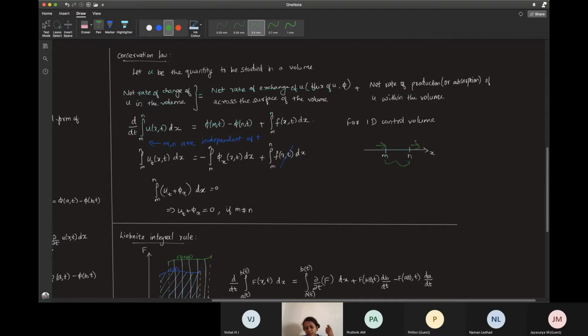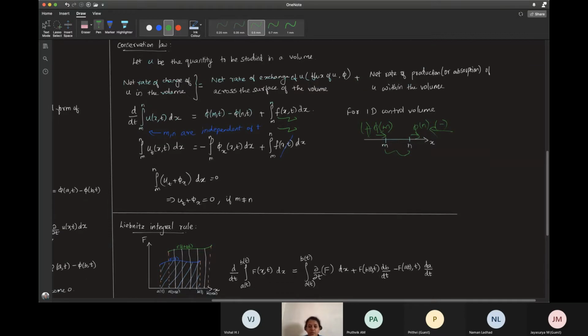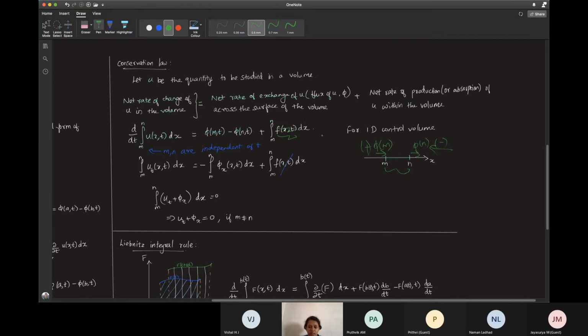Here at n, things are going out, so this is a reduction inside the control volume. Here on the left side, things are going in, so this is an addition. So you add phi at m comma t and you subtract phi at n comma t. Then for the net rate of production or absorption, you have another function, the rate of production or absorption within the volume. Usually we don't consider this.